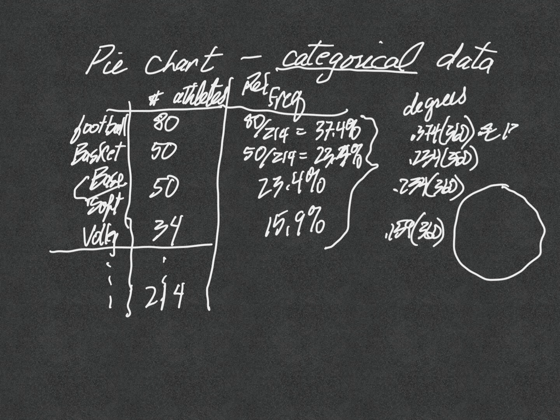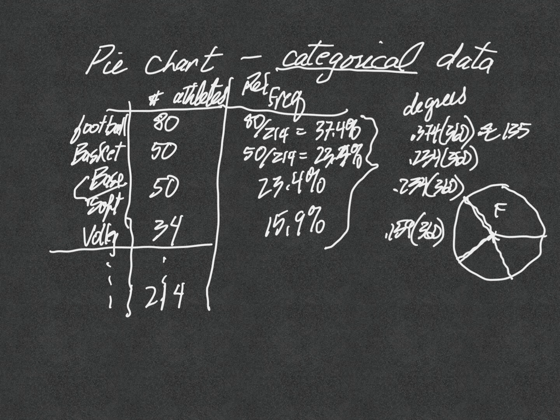approximately 135 degrees. Now I can use a protractor and I can mark that. And so this would be the football category. And then 84 degrees, which is almost 90, so it almost looks like a right angle.